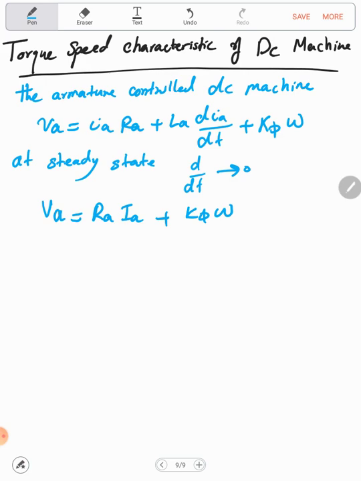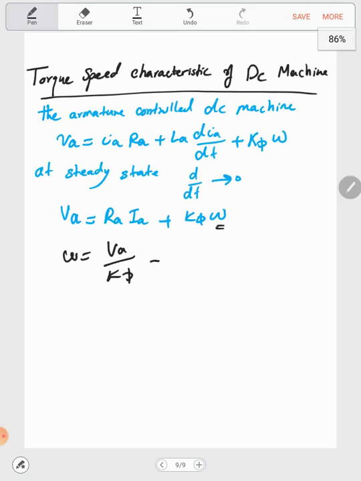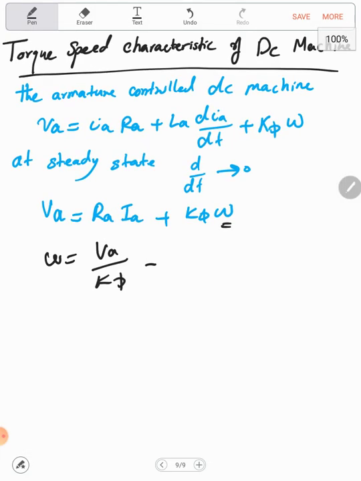If we solve this equation with respect to omega, omega will equal V_A over K phi minus I_A R_A over K phi.